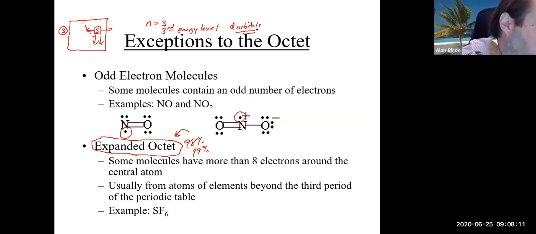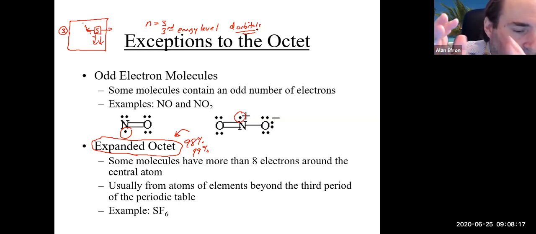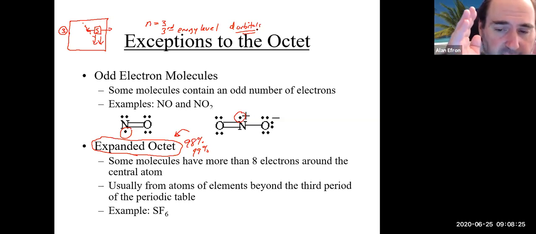Now, even though something like sulfur does not technically use its d orbitals in a normal situation, it still has d orbitals available to it. That is why it's able to stash all those extra electrons and go over 8, because that is where we first start to see d orbitals appear.